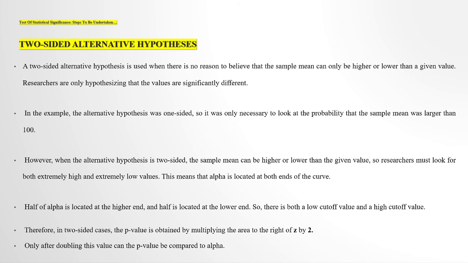Half of alpha is located at the higher end and half at the lower end, so there is both a low cutoff value and a high cutoff value. Therefore, in two-sided cases, the p-value is obtained by multiplying the area to the right of z by 2. Only after doubling this value can the p-value be compared to alpha.